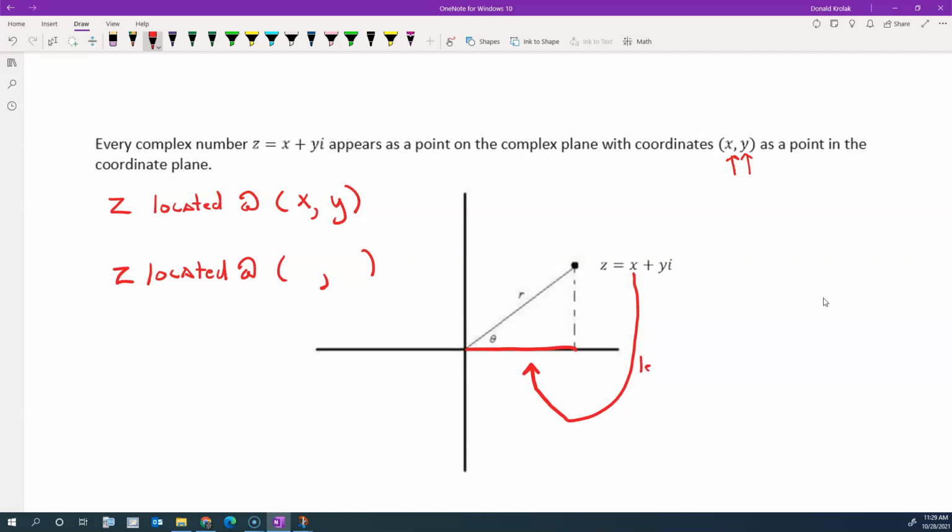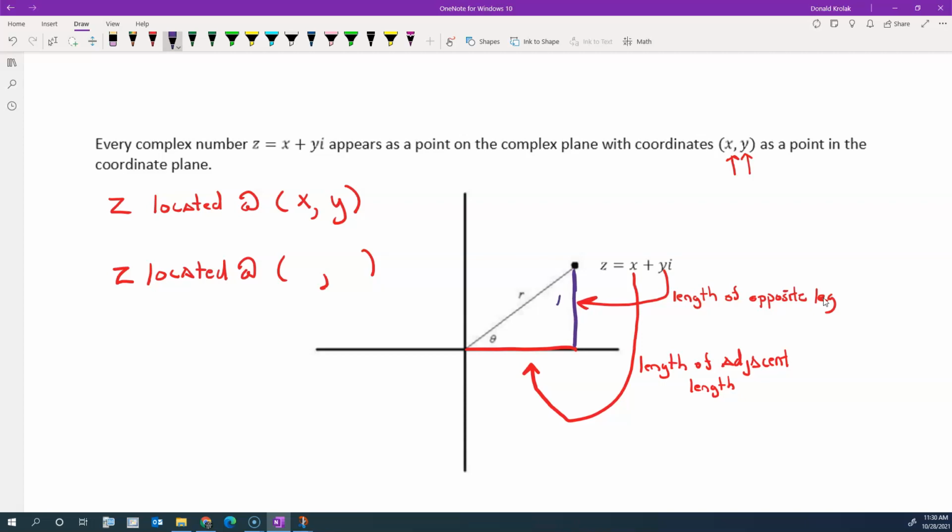That's equal to the length of the adjacent side. And the y coordinate is equal to the length of the opposite leg. That's this side, let's say in purple.